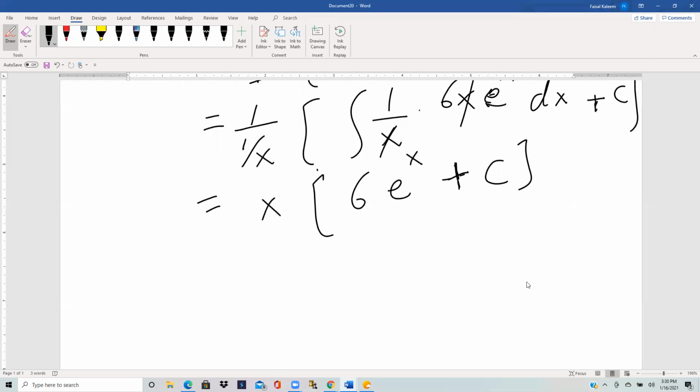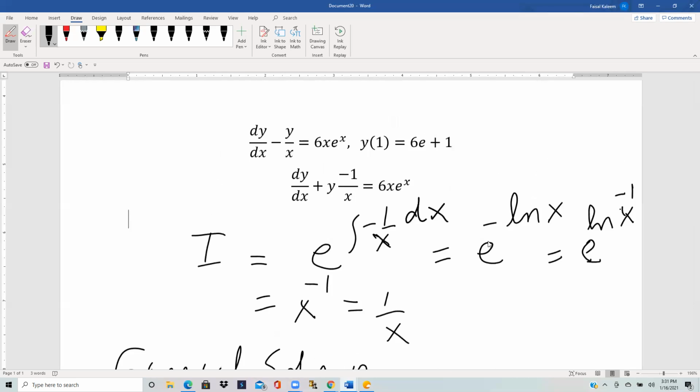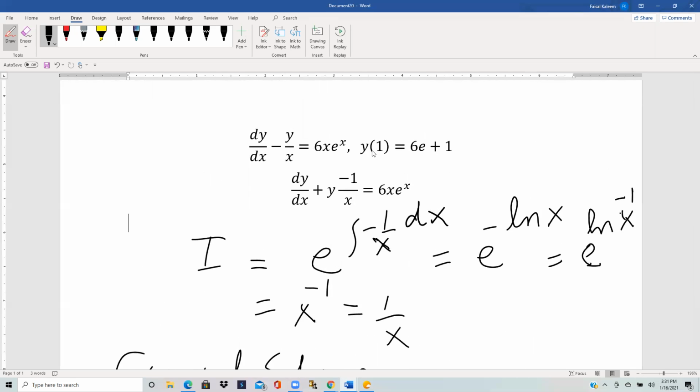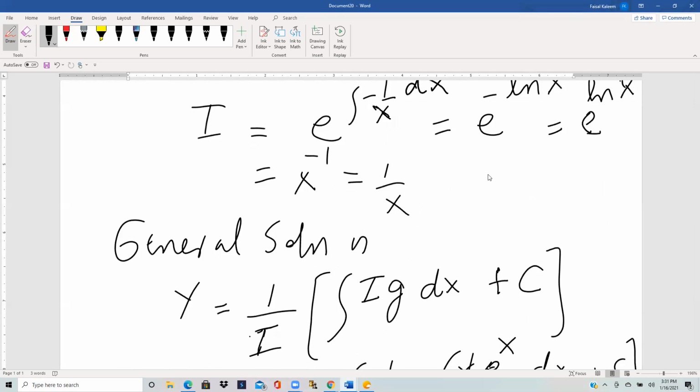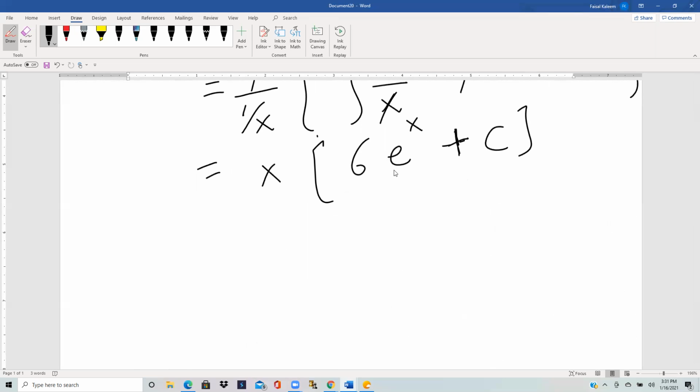Now, that will be the end of the problem in a general differential equation problem, but this is an initial value problem. We have an initial condition. So we are given that y of 1 is equal to 6e plus 1. So this 1 is the x value, and the y value is 6e plus 1. So we substitute that. So this is y, that's 6e plus 1.